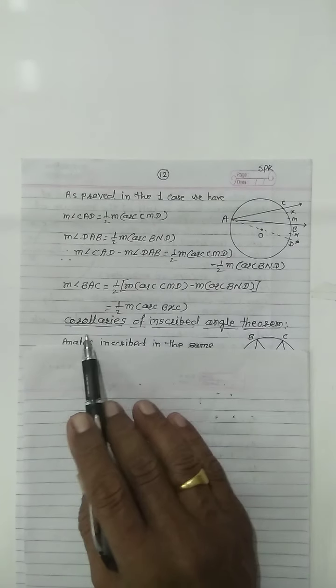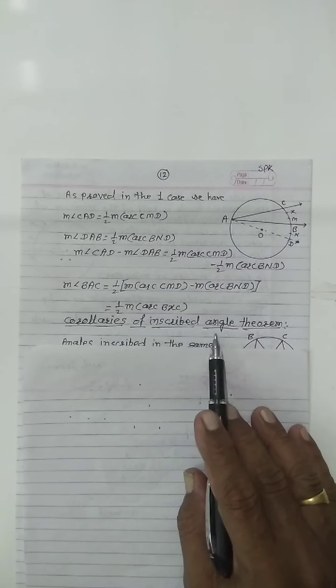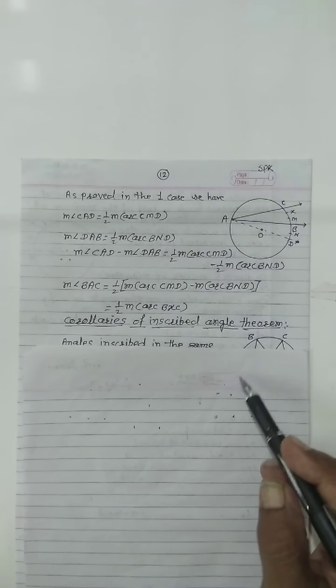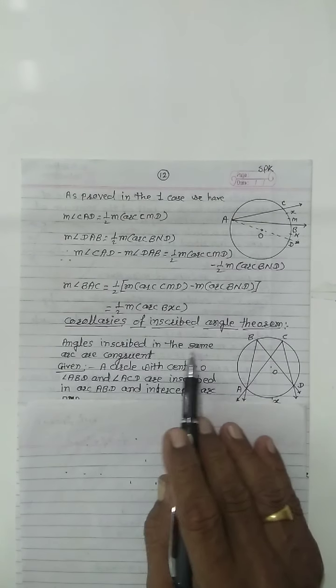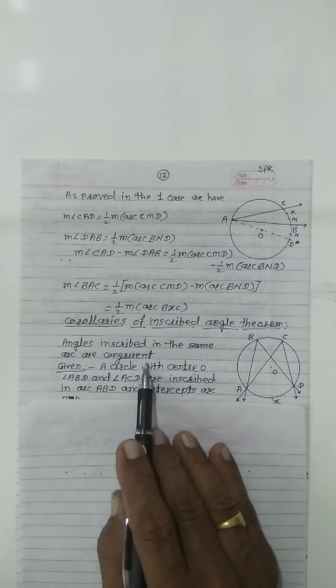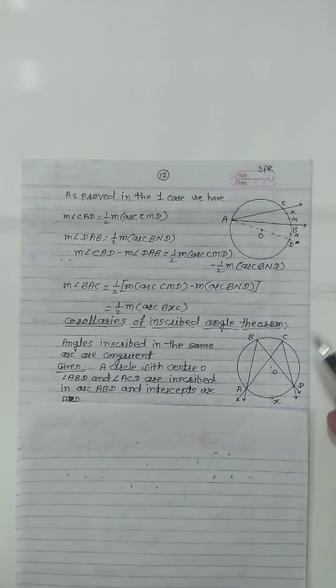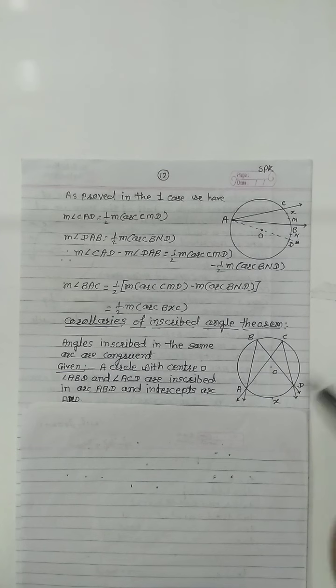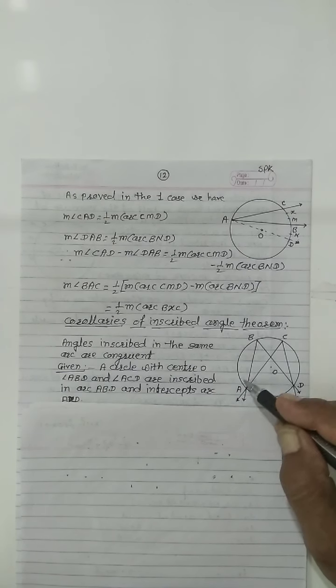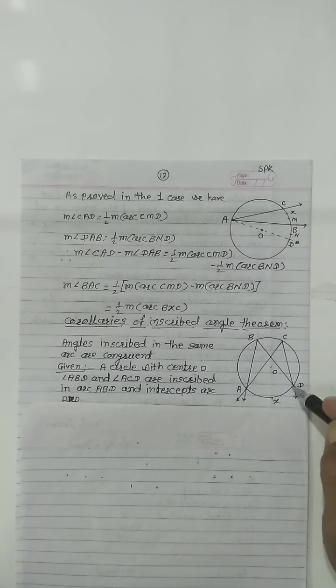Now here are the corollaries of the inscribed angle theorem. In these corollaries, angles inscribed in the same arc are congruent. See in this figure, angle ABD and angle ACD: these two angles are inscribed in this arc ABD.